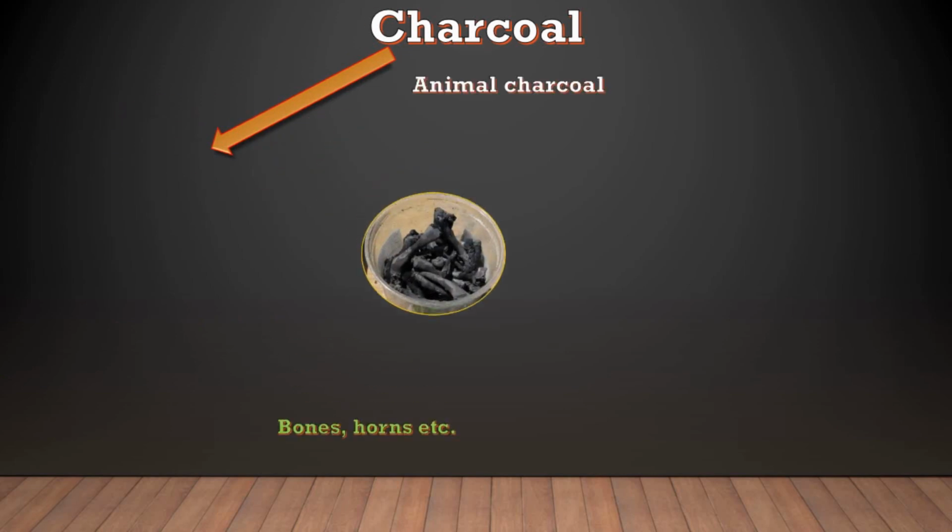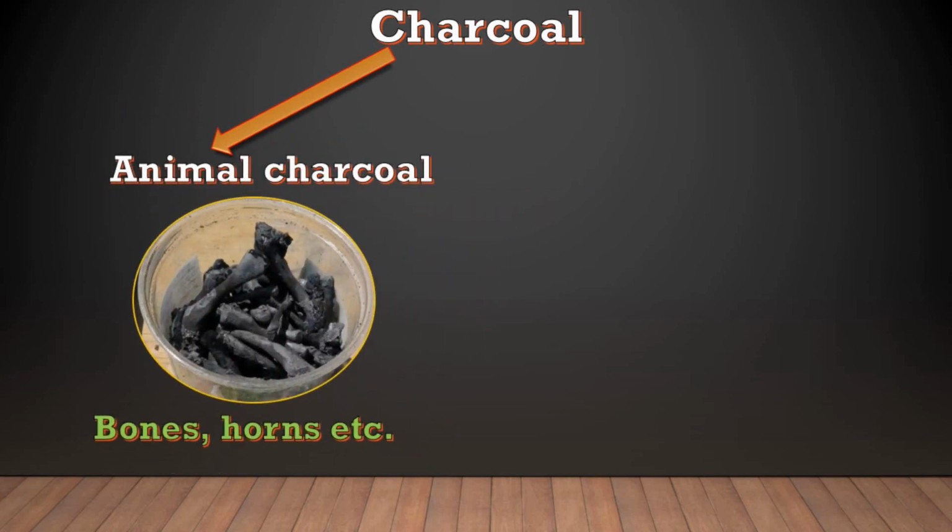Bone charcoal is a form of charcoal produced by heating bone in the presence of a limited amount of air. It is used in removing colored impurities from liquids. On the other hand, the charcoal made from plants is formed by combustion of wood in an insufficient supply of air.